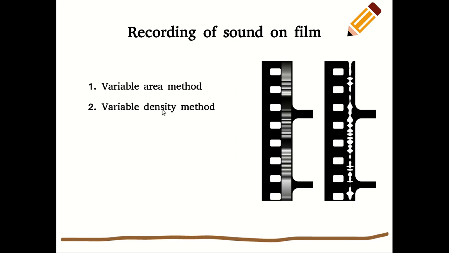Whereas in the variable density method, the sound is stored in the form of bars that have different strength and different thickness or width of the bar. So in these two ways, the recording of sound on the photographic film is done.